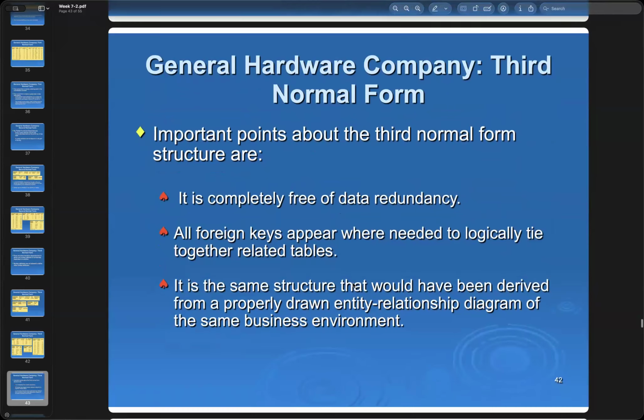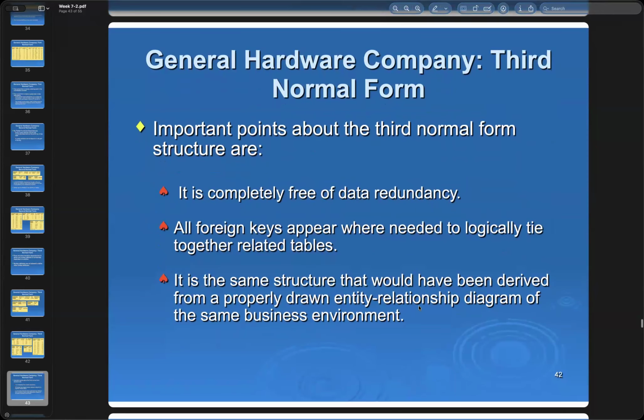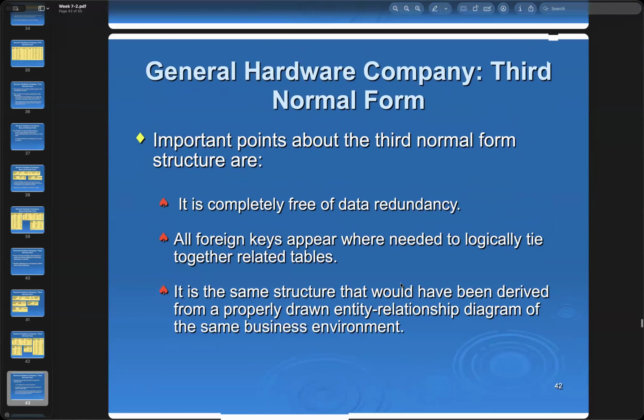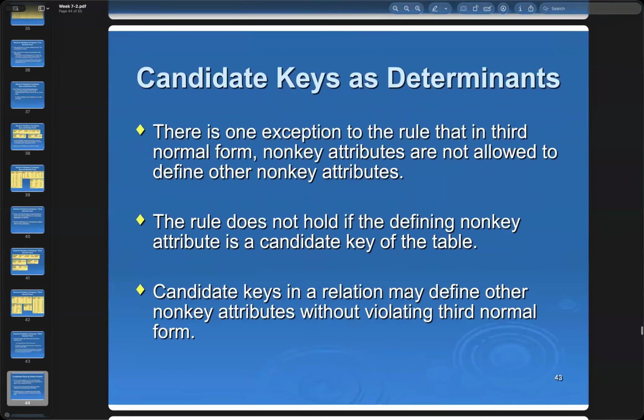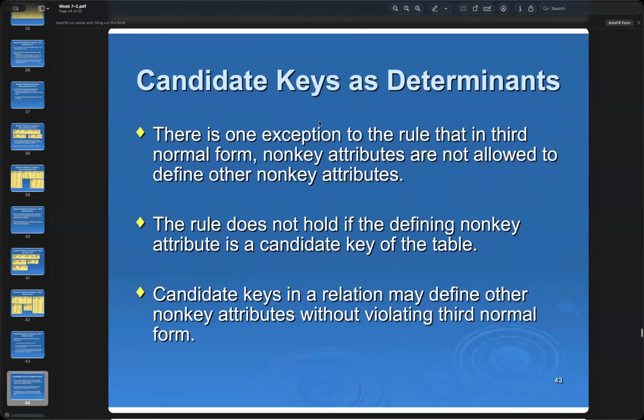And it is also the same structure that has been derived from properly drawn ER diagrams of the same business environment, so you need to be careful. One thing here, if we have candidate keys, if you remember when we talked about the primary key, it determines. There is one exception to the rule in third normal form that non-key attributes are not allowed to define other non-key attributes.